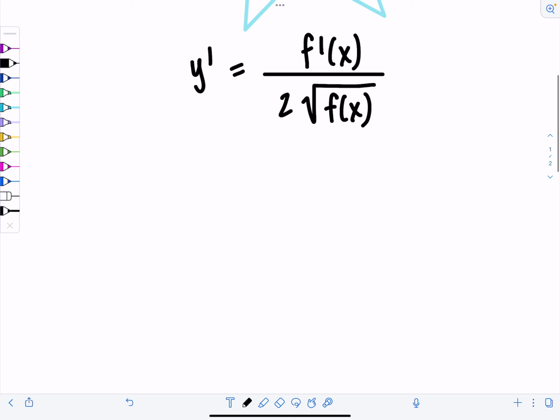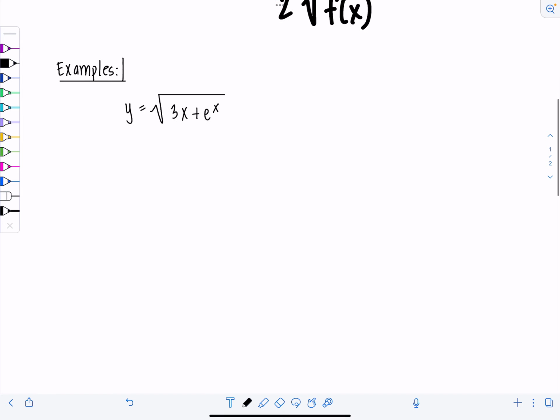Let me tell you. So, say we need to figure out the derivative of the following function. Say y equals square root of 3x plus e to the x. If I want y prime, all this stuff underneath, that's my f of x.